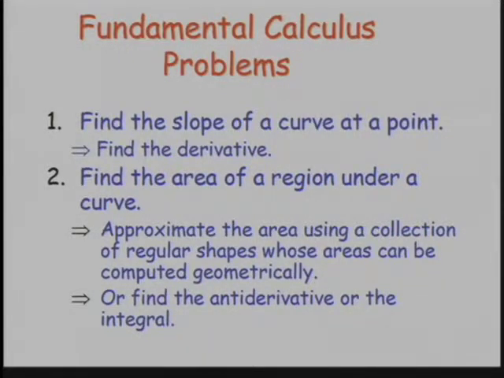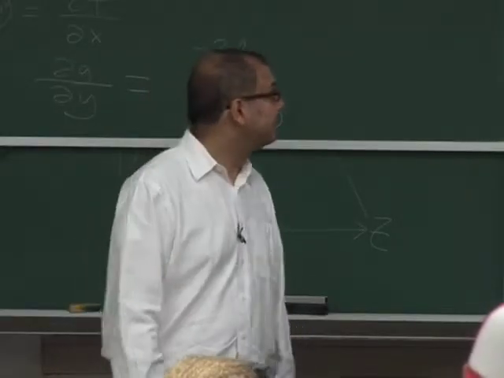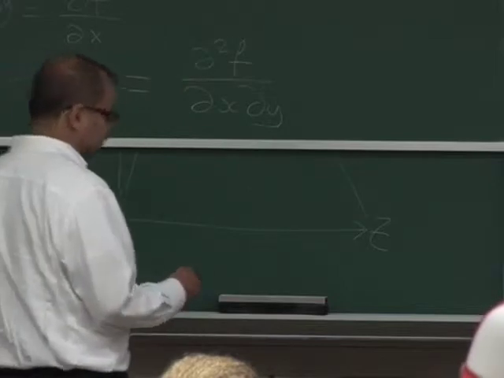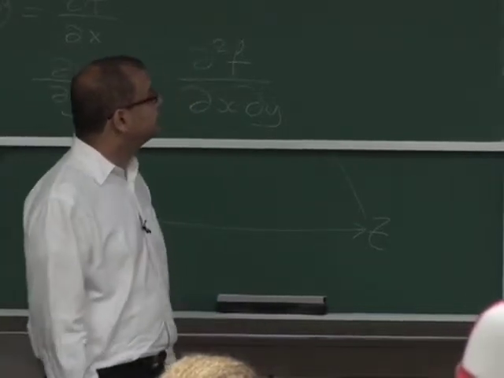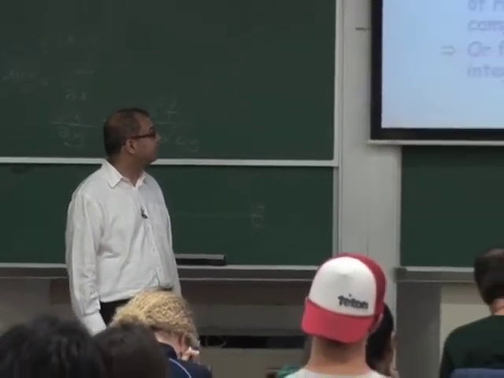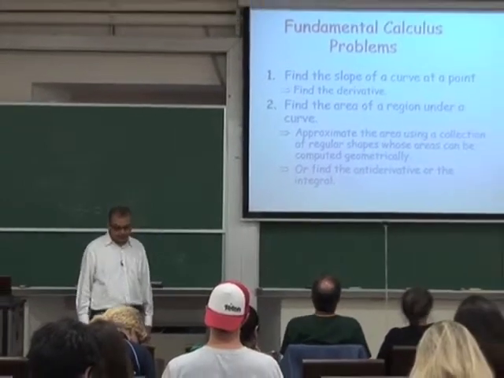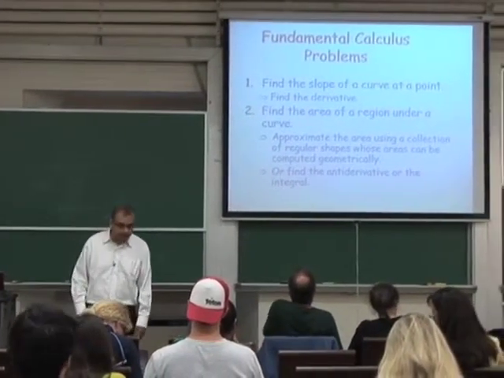Okay, and it turns out that the problem of finding the area under a curve is actually related to the problem of finding the slope of a curve at a particular point. Okay? So finding the area of a region under a curve, how has it been done in the absence of calculus?